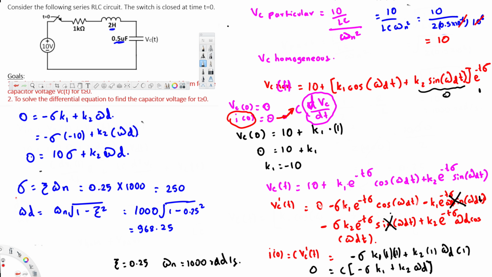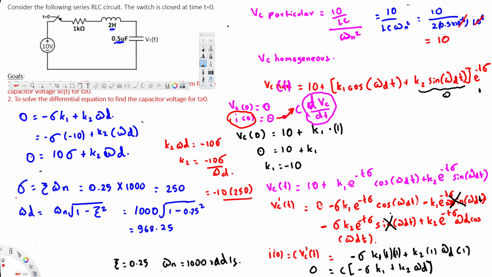Now we can go ahead and plug it in this equation to find the k2 value. So if you rearrange this one, this is going to be k2 omega d is equal to negative 10 sigma. Therefore k2 is equal to negative 10 sigma divided by omega d. Negative 10 times sigma is going to be negative 250, divided by omega d.